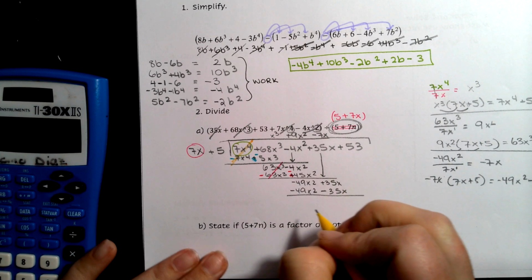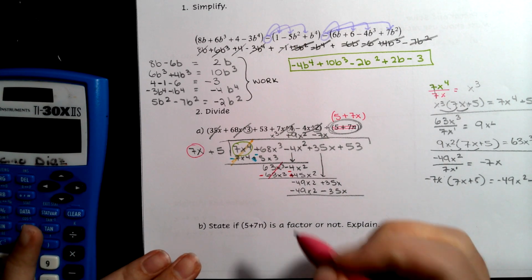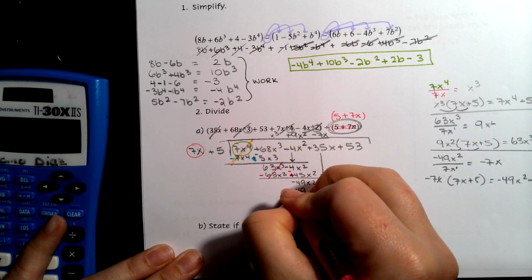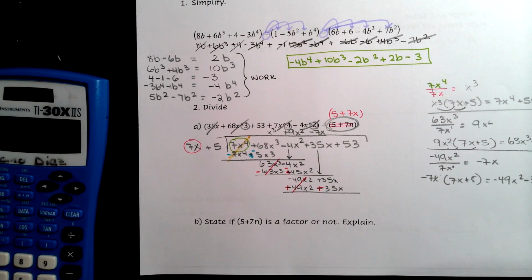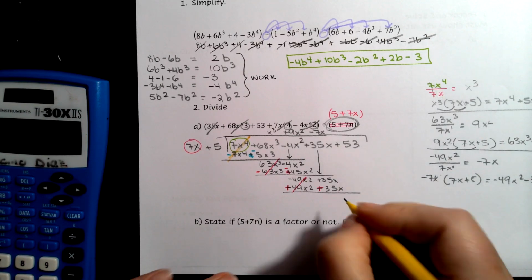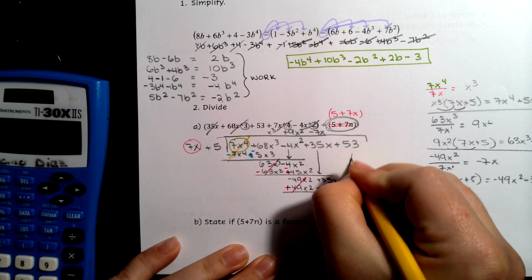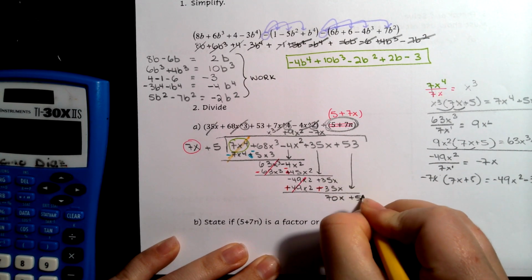Okay. And then we're going to change this here. Make this into a plus, make this into a plus. These are going to be removed. 35 plus 35, I get 70 positive. Bring down the 53. And one last round.